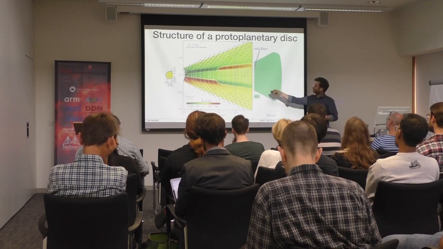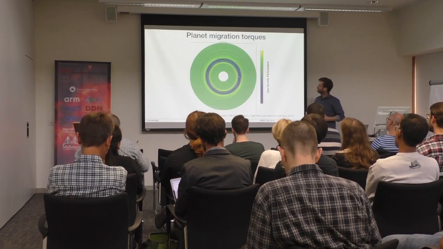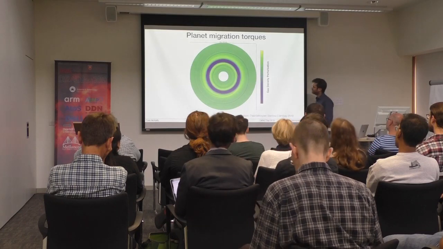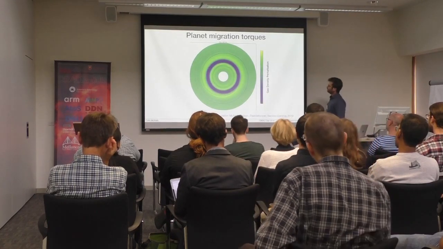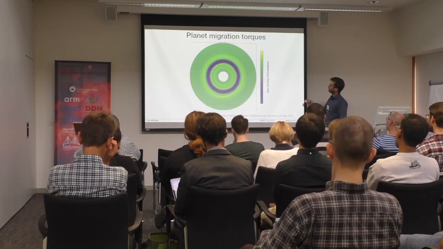Planets forming out of these protoplanetary disks are going to interact with it. And when you drop a planet into a disk, there's a two-dimensional simulation, a vertically integrated set of equations, where I drop the planet in, and you see here it has an effect on the disk gas surface density.